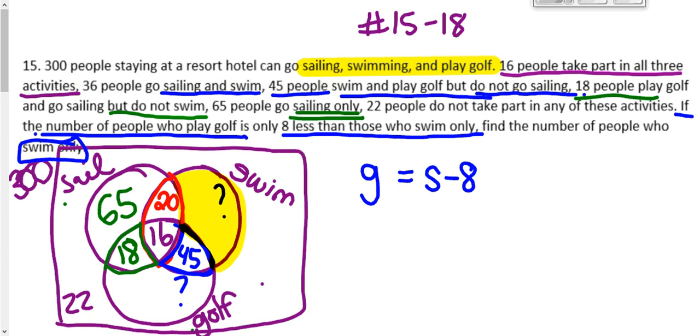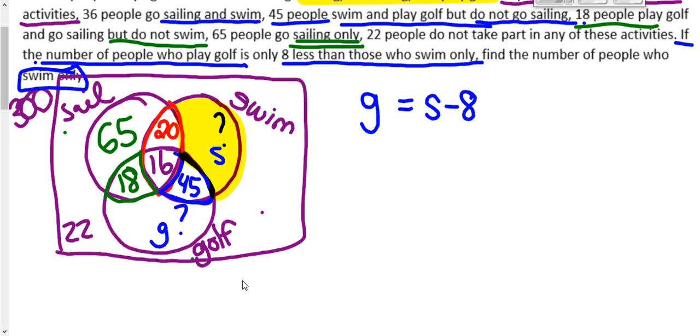So what I can do, I have 2 blanks on my Venn diagram, here and here. So what it means is that if I add up all of these, we'll call this S and this G, because when we put it in an equation, we need to be able to write them quickly. So our universe is 300. So 300, the union of everything that we see, is equal to, and then we add up all the numbers.